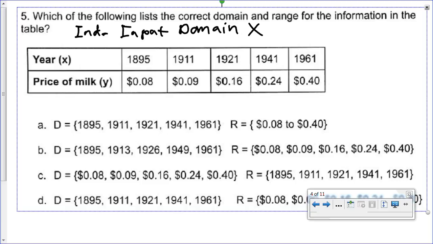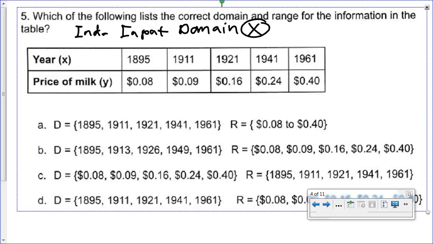Which is always denoted by x. Well, not always, but typically denoted by x. If we're working with x and y, x is always your input, and y is always your output. X is always your independent variable, y is always your dependent variable when you're working with x and y. I don't know, that's not a law of the universe, that's just something that we do in mathematics.